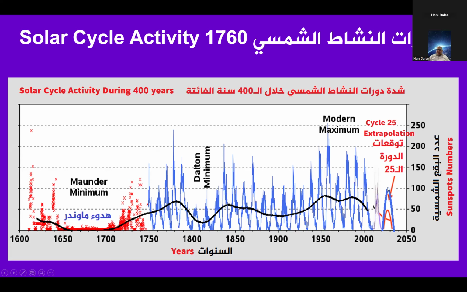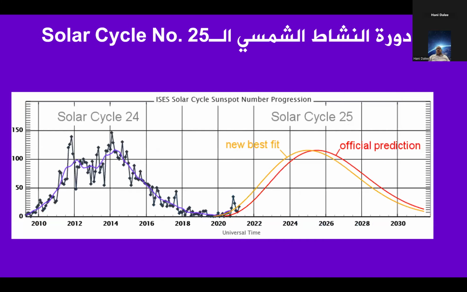Now, scientists are expecting that cycle 25 will resemble cycle 24, and this is one of our projects. Is it going to do this, or will it exceed it, or will it be less than that? We will study that, and we will write our results.